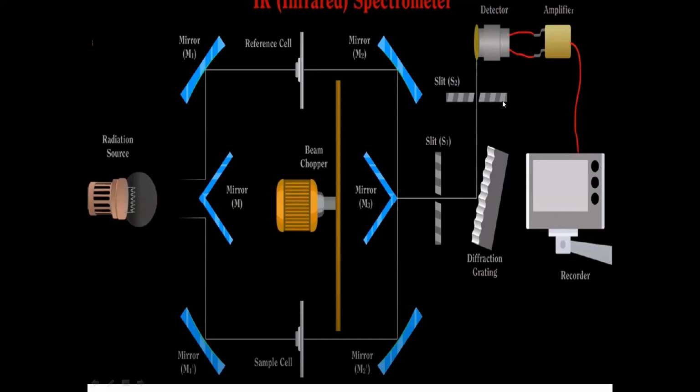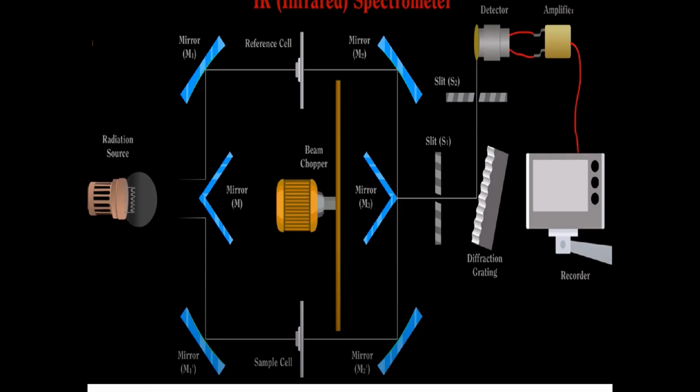What I want to say is, the purpose of the diffraction grating is to break this IR source into very fine bands, because these spikes which you are seeing here have different refractive indices. And what is the purpose of the slit? Suppose this creates the whole IR spectrum, but our interest is 400 cm inverse to 4000 cm inverse.